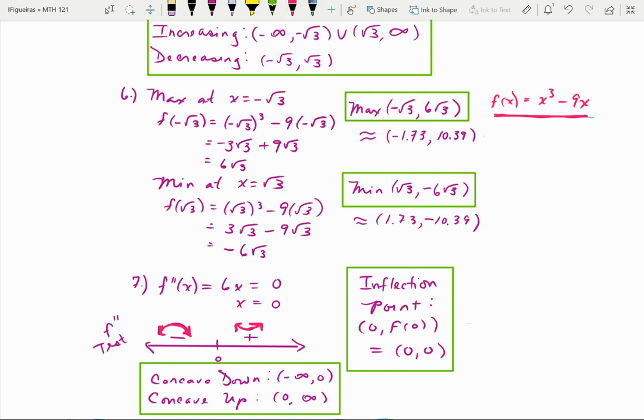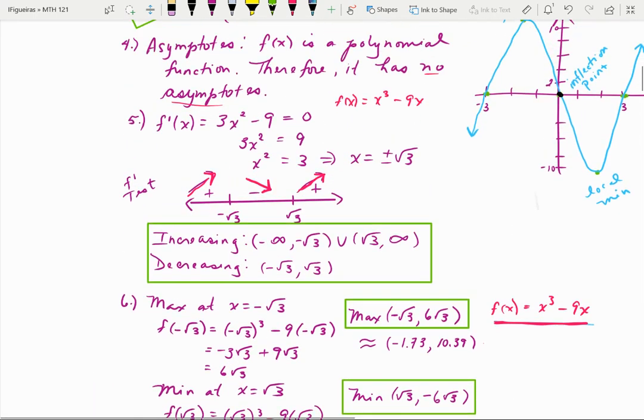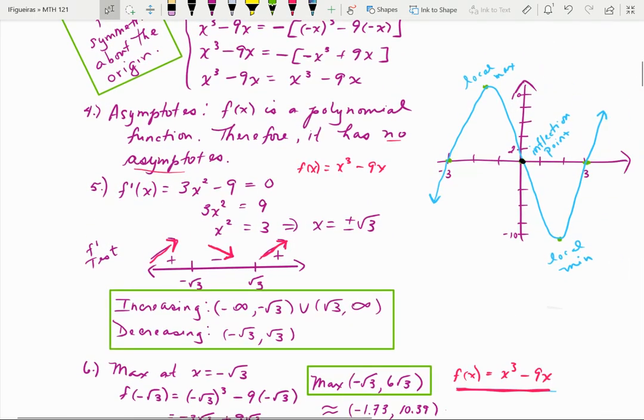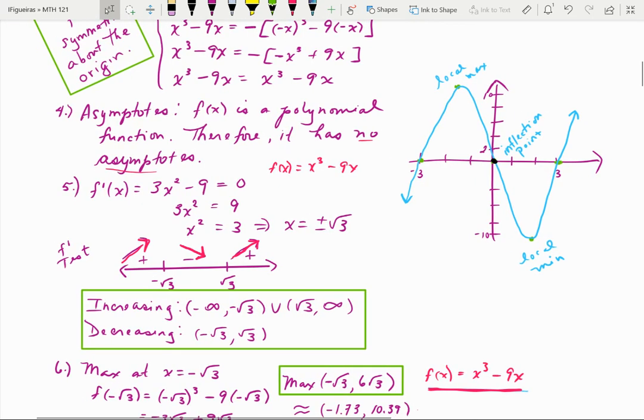Everything that's in a green box needs to be used in order to come up with our sketch. So I did that over here on the right. Just to remind you, I had intercepts at negative 3, at 0, and at 3.